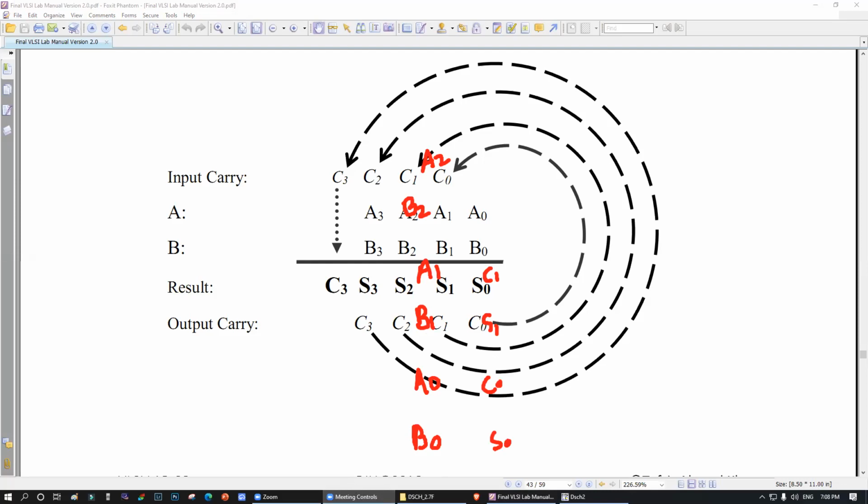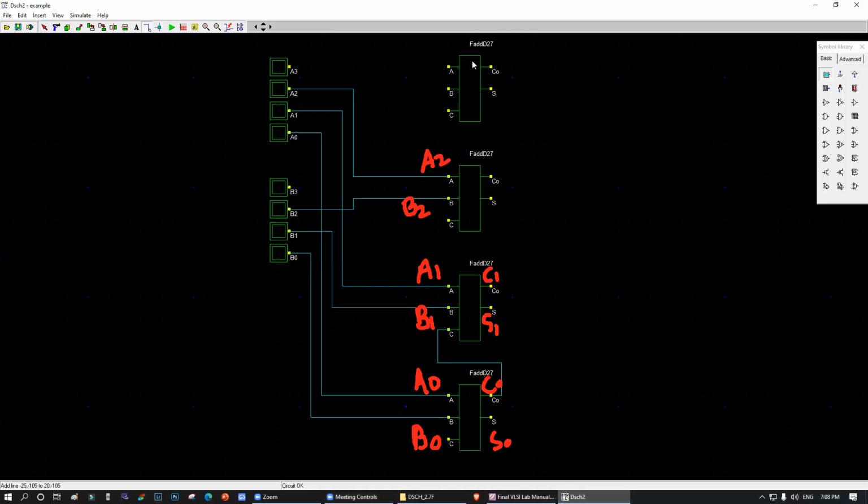C1, right? You should have C1. So this C1 should go in this place. So we are going to connect that.